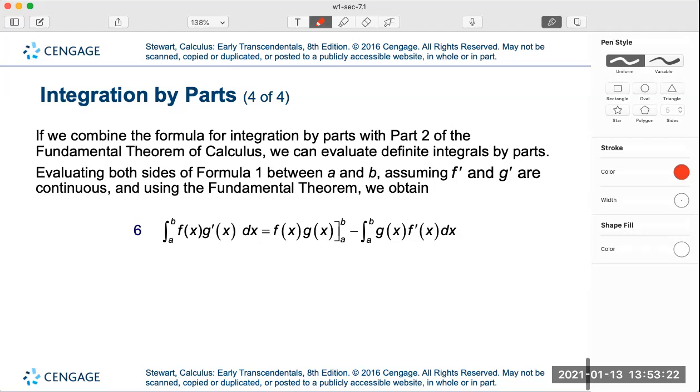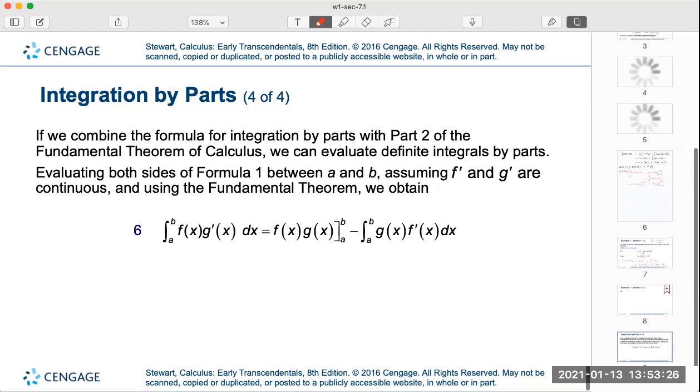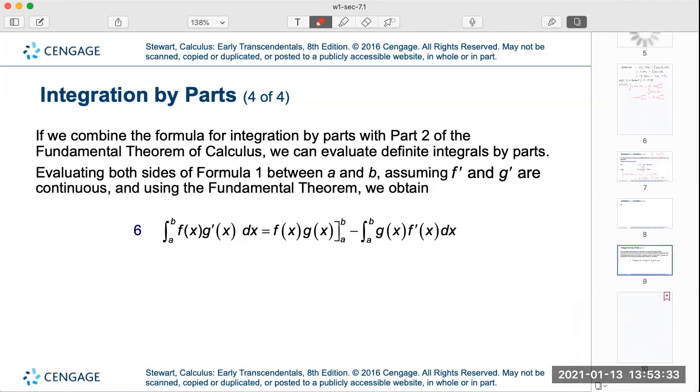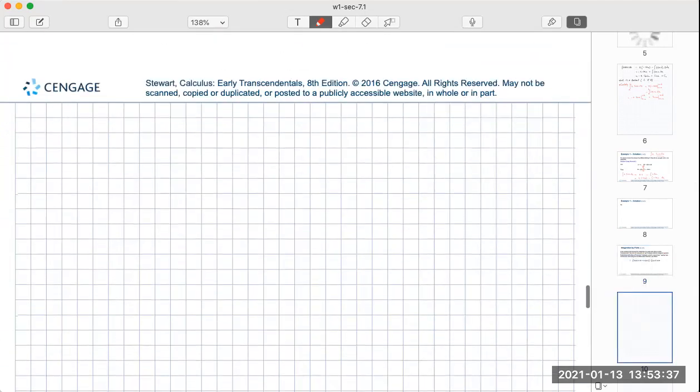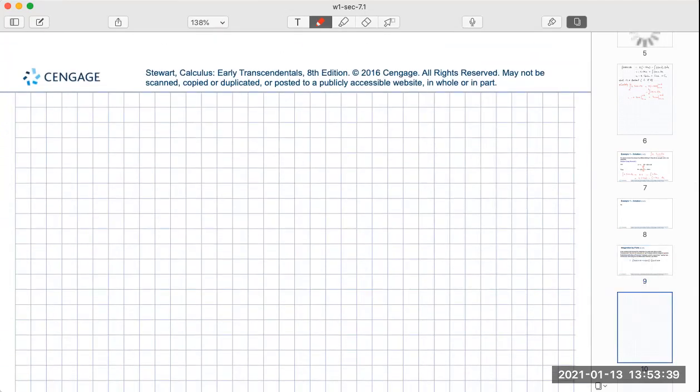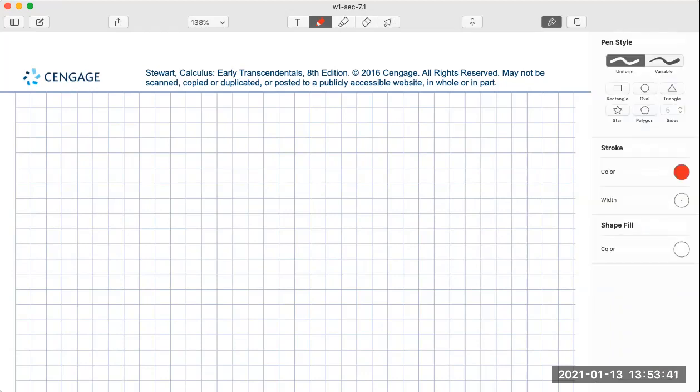Integral. The second example. Integral of natural log x dx.